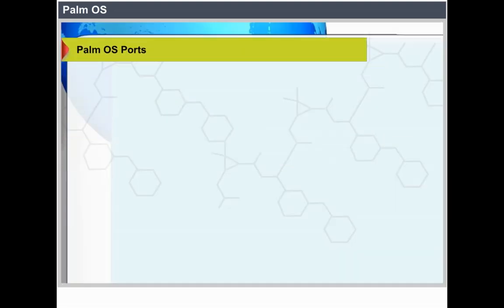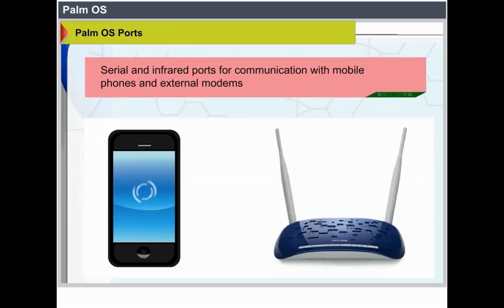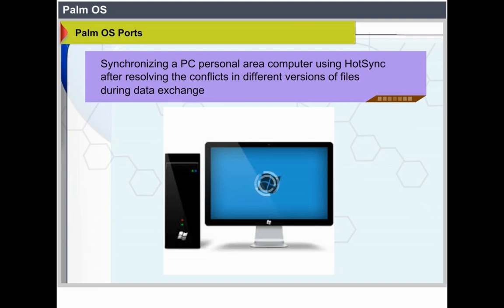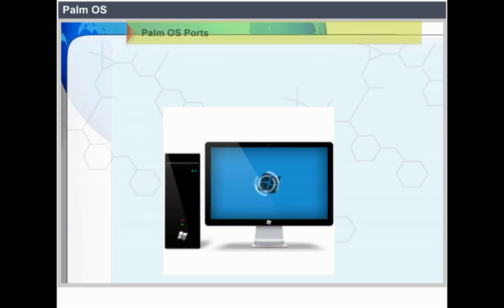Palm OS ports: serial and infrared ports for communication with mobile phones and external modems. Synchronizing a PC, personal area computer, using HotSync after resolving the conflicts in different versions of files during data exchange.